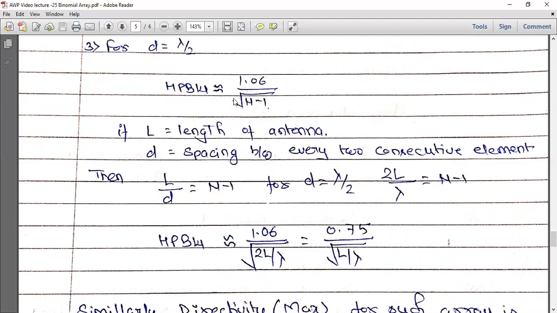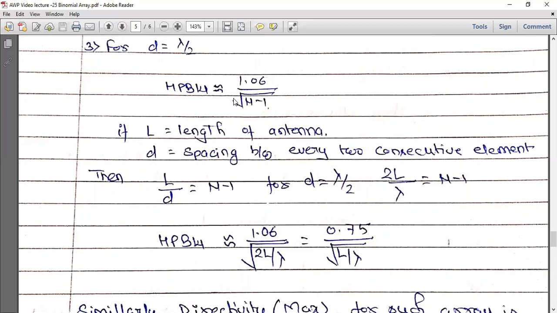Suppose you are having 5 elements. The first element is placed at 0, the second will be placed at D, the third at 2D, the fourth at 3D, the fifth at 4D. Correspondingly, there are four divisions, and at the extremes of these divisions we put these elements.